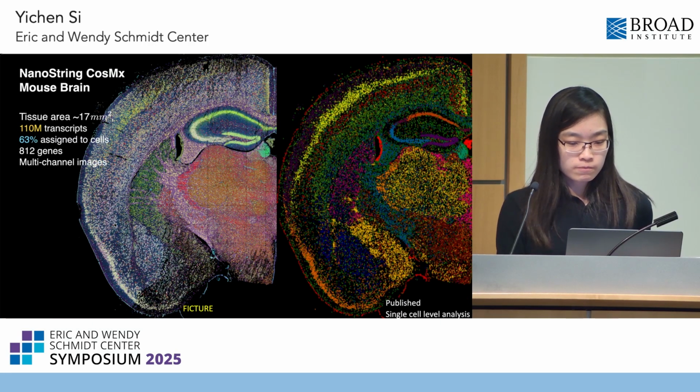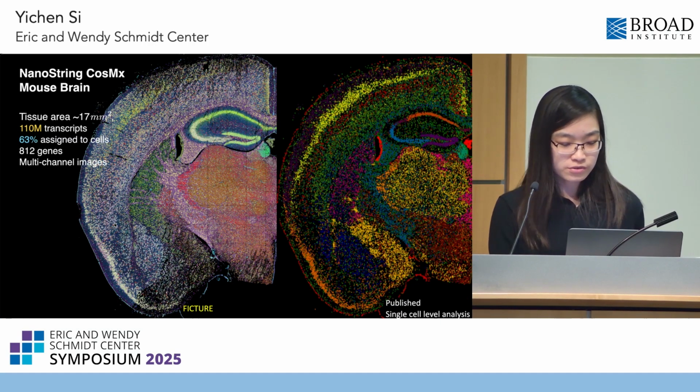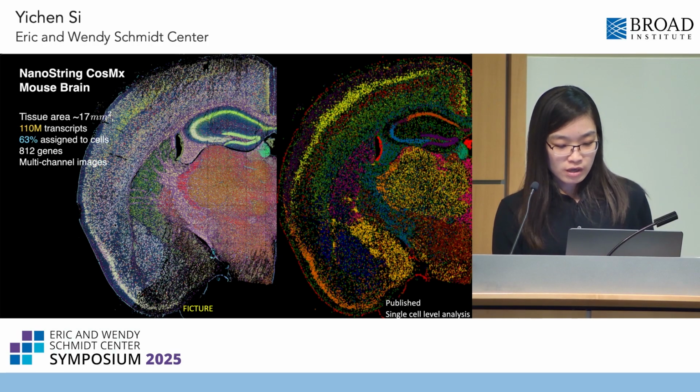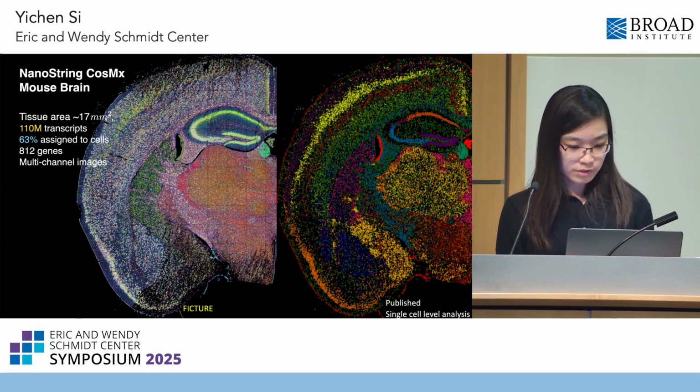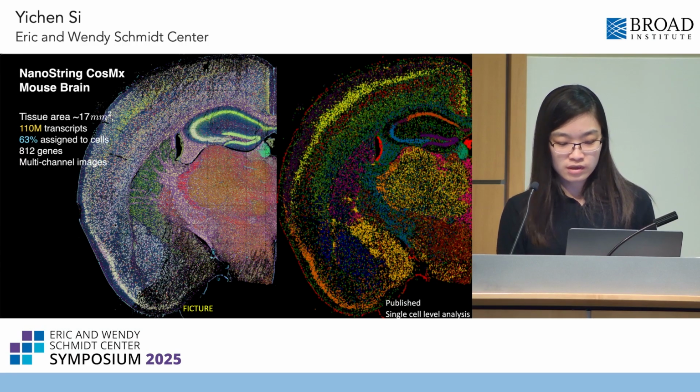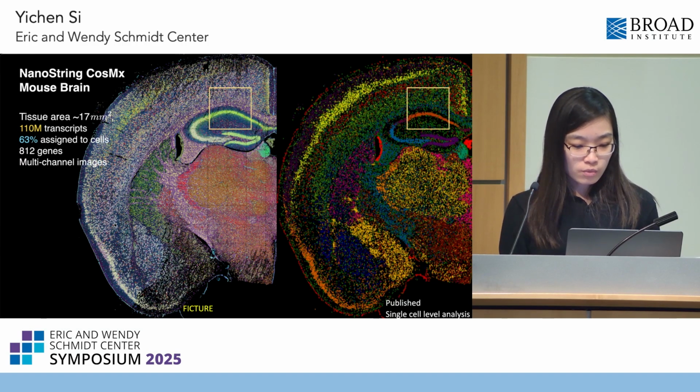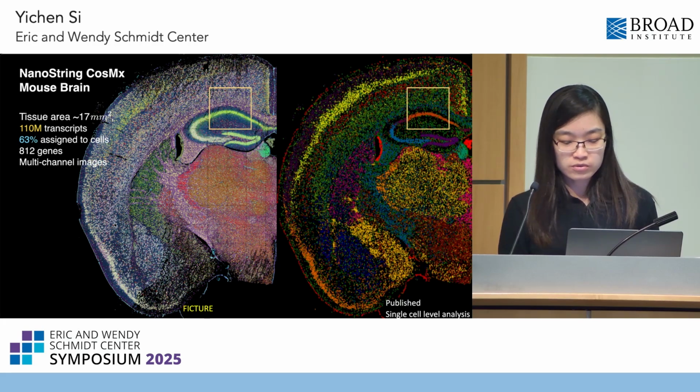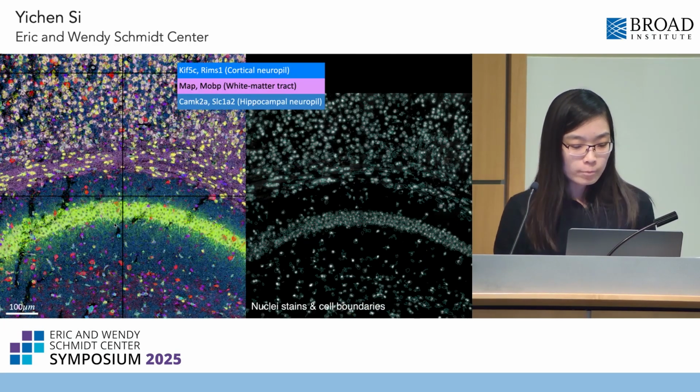The next example is from brain tissue. Here's a mouse half brain from Cosmx. Again, almost 40% of transcripts were lost in single-cell level analysis. Let's look at one such cell-sparse region near the hippocampus.